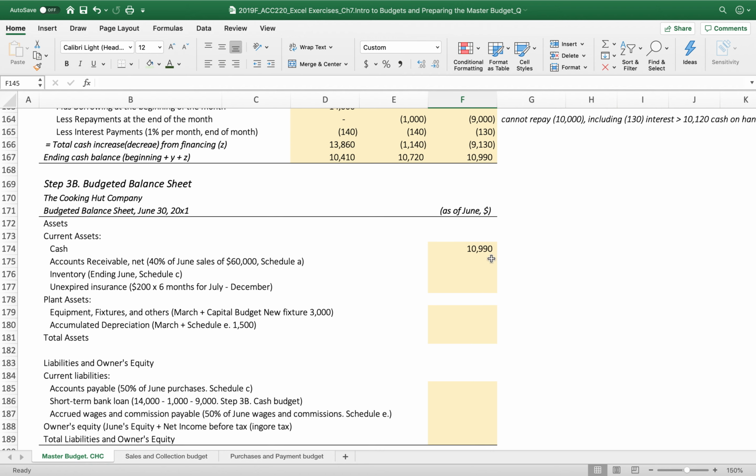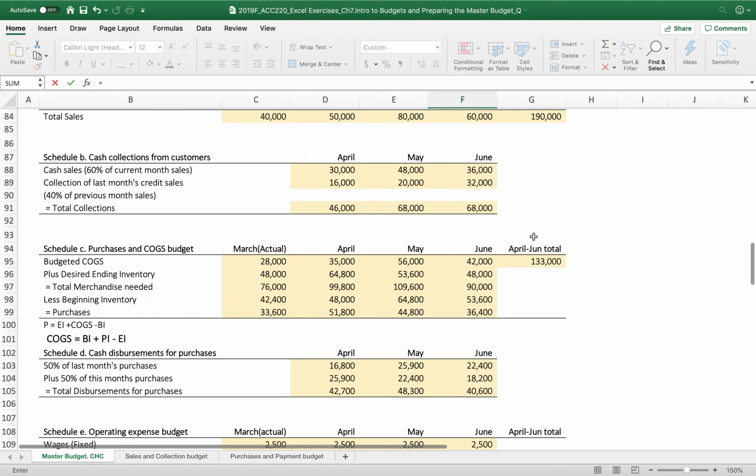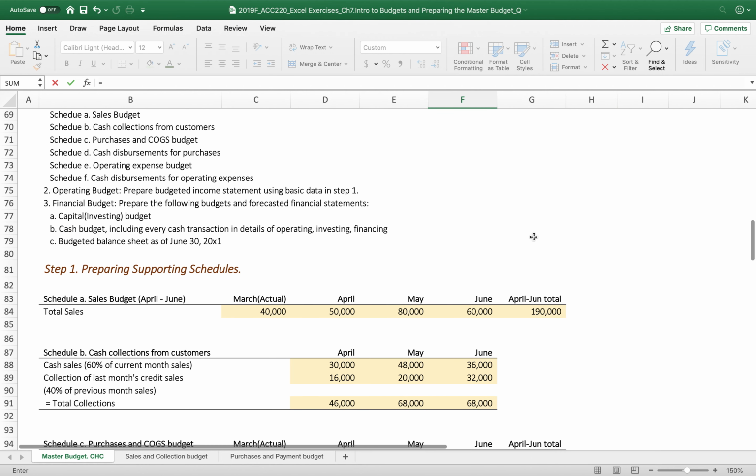The cash amount, $10,990, is correlated to the ending balance here. And then accounts receivable net amount is 40% of June sales of $60,000 on the Schedule A. On the Schedule A, the sales amount is $60,000, and we collect only 60%.